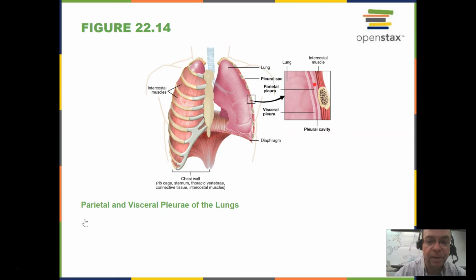The outermost membrane that's attached to the chest wall, to the intercostal muscles, and to the ribs is the parietal pleura, and in between the two is the pleural cavity, filled with a little bit of pleural fluid that acts as a lubricant to reduce friction and increase surface tension so these two membranes stick together. When we have a collapsed lung or a pneumothorax, air fills the pleural cavity here and encroaches on the lung.